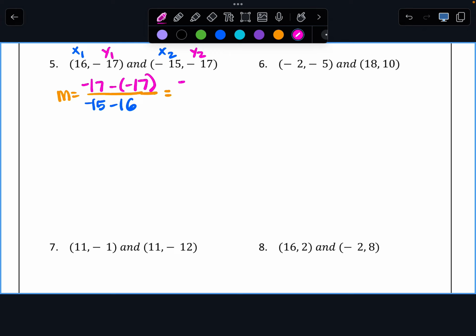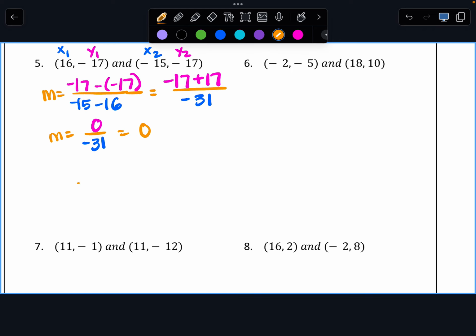Let's rewrite this as negative 17 plus 17 over negative 31. So negative 17 plus 17 is 0 over negative 31. 0 over anything is just 0. So this is a 0 slope, which makes it a horizontal line.